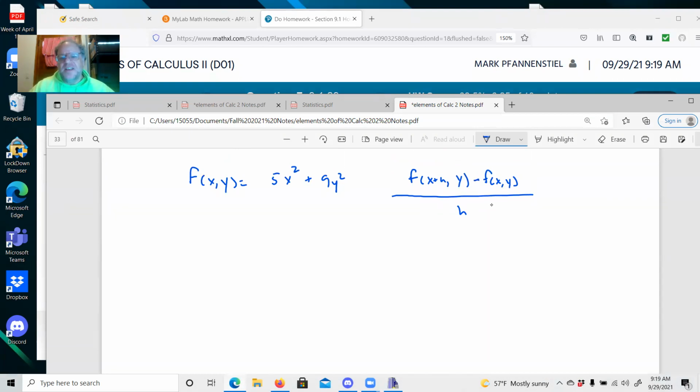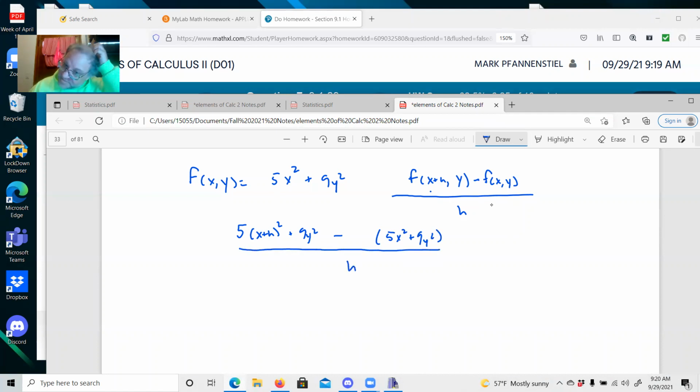Okay, so we have 5 times (x plus h) squared plus 9y squared. The only thing that has the h on it is the x part. Minus, and then here we have 5x squared plus 9y squared, all divided by h. All right, so let's see what we can do with this.